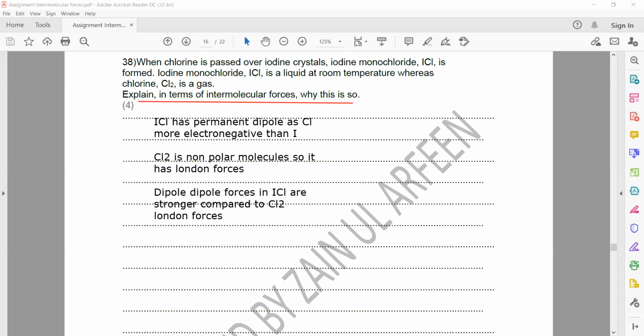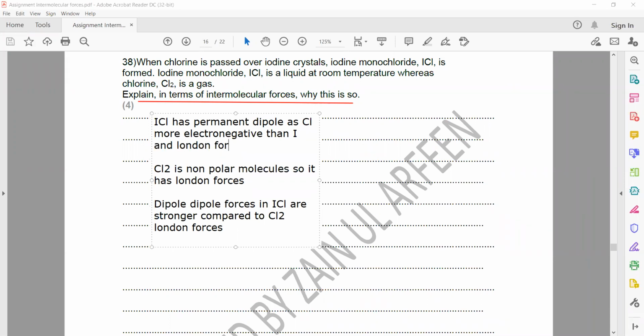So ICl has a permanent dipole as Cl is more electronegative, and London forces, and London forces are stronger in ICl as well, because more electrons are there.